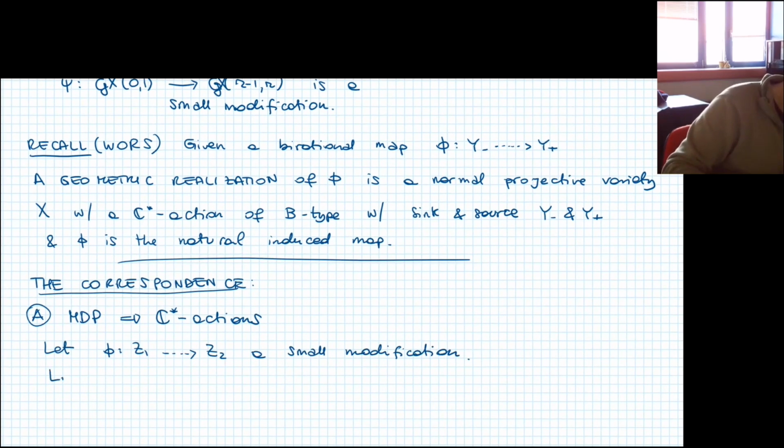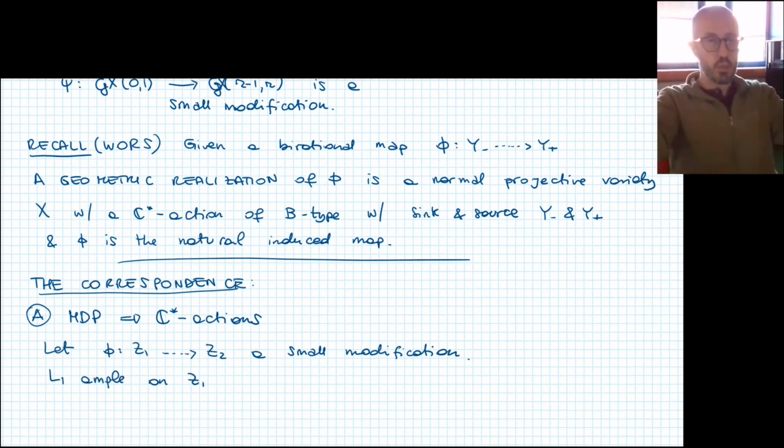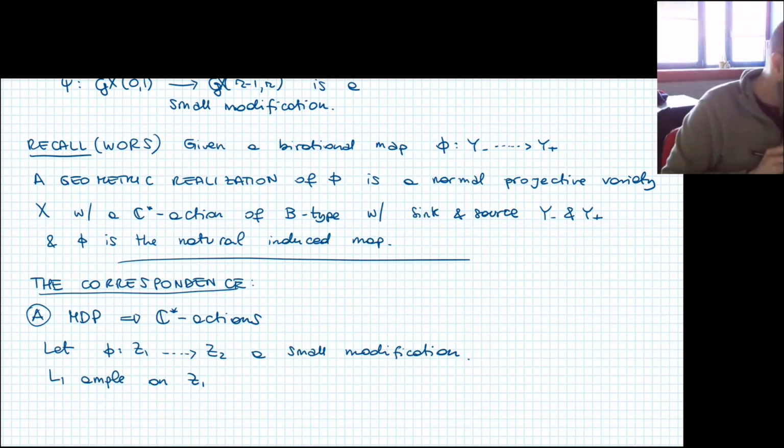We take L1 that is ample on Z1. So we take a small modification. We pick an ample divisor on Z1, and then we pick another ample divisor on Z2, and we pick its pullback on Z1.